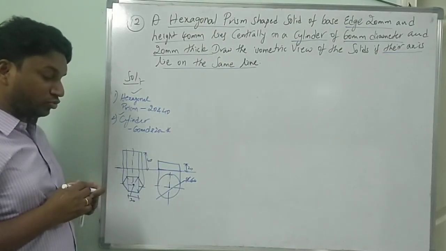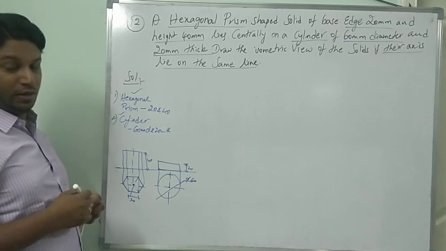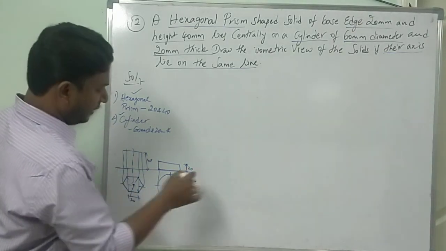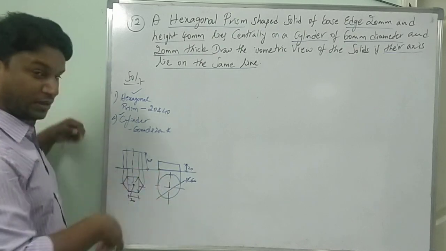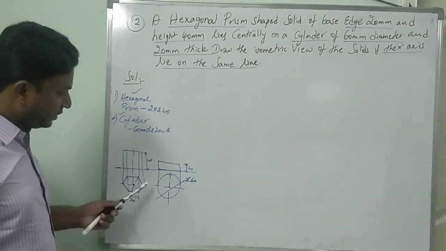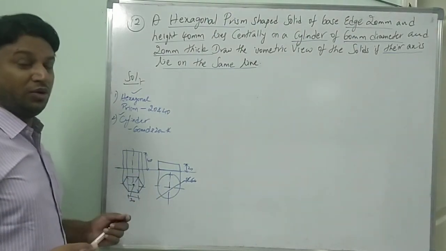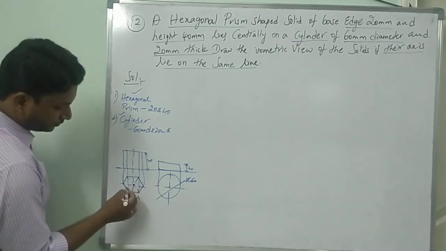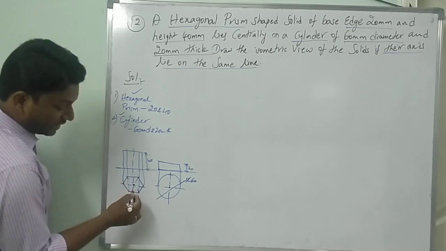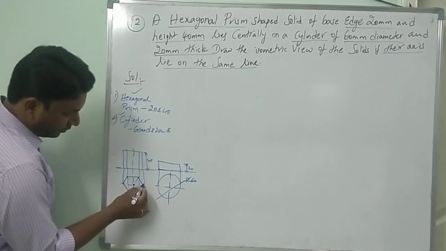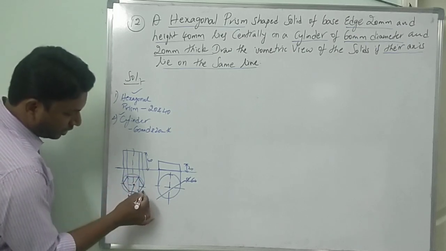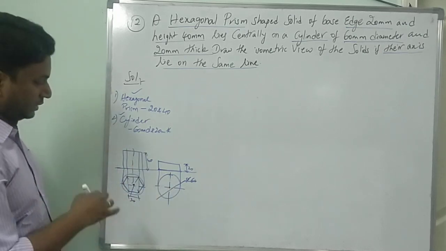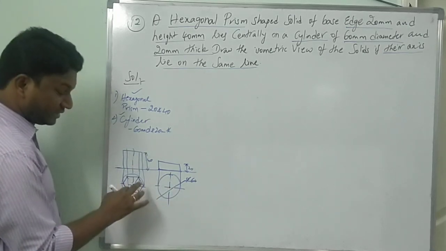Which one do we have to draw first? In actual, we construct the circle and insert our hexagon in it, but with center coincidence you cannot draw the hexagon directly. Instead, you can draw the hexagon separately by the inscribed circle method: construct a circle, measure the diameter, and insert it. That is the regular method.